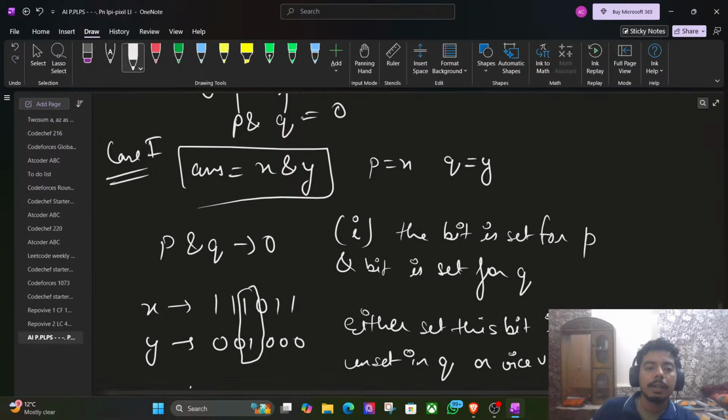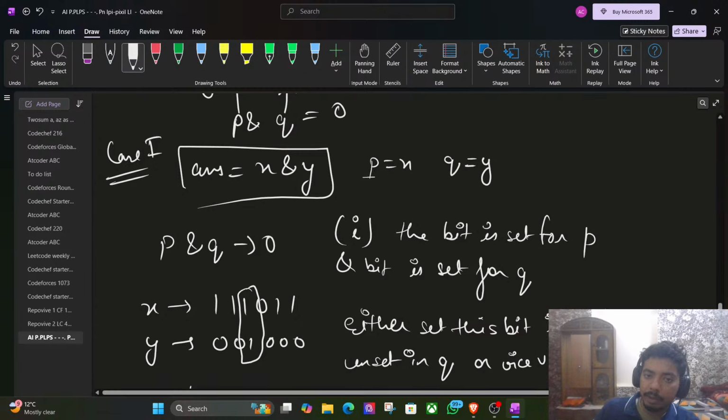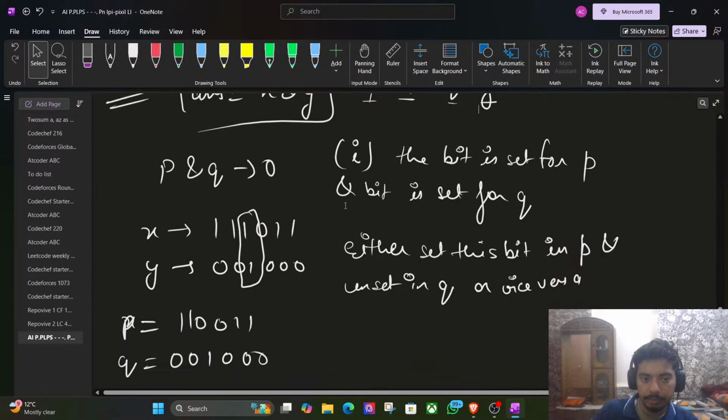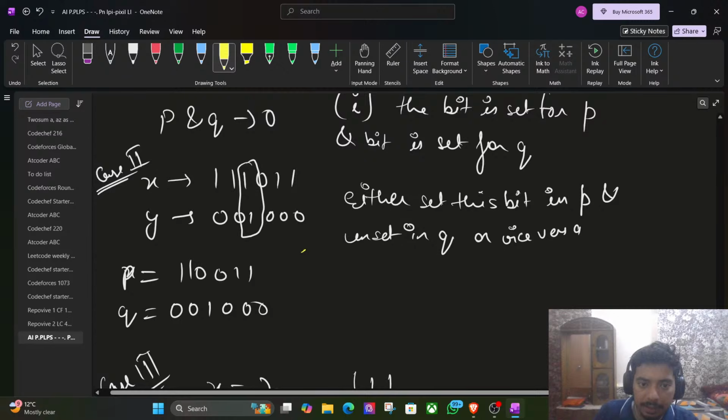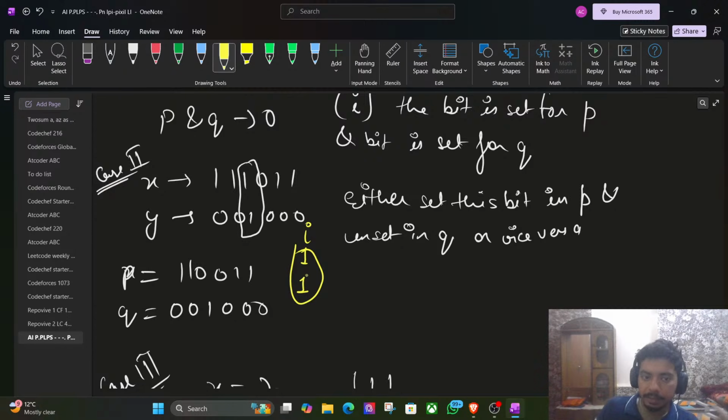Look, if x AND y is 0, then you can just directly put p as x and q as y. If it is not 0, so this is my case 2. There is only one bit which will give you a conflict. There will be only one type of setting which gives you a conflict. It's the same bit which is set in both of them. So a single bit which is set in both of them will give you a conflict.